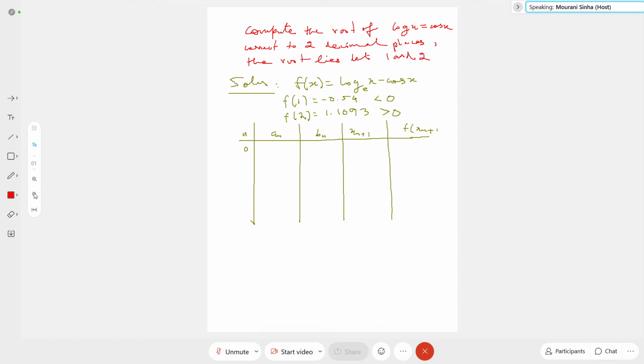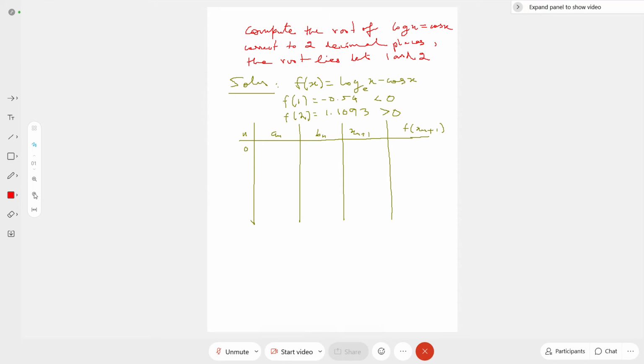Ma'am, my f2 is 0.717. You are using degree mode and not radian mode. You have to change your calculator to radian mode for calculation of cos x. Ma'am, in radian mode, the value of cos 2 is minus 0.4161. Check log e base x minus cos x. Just do it. Some addition, subtraction, something you are going wrong.